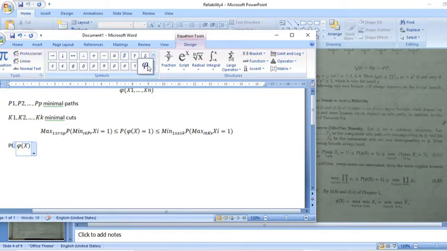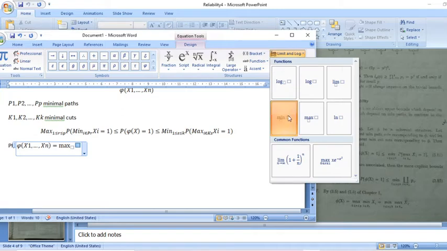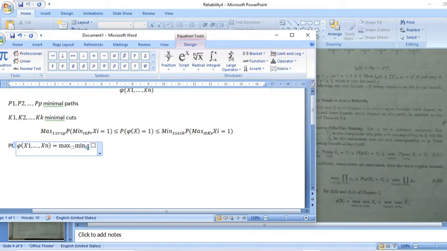We have already discussed in detail that phi of x1, etc., xn can be written as the maximum, over 1 less than or equal to r less than or equal to p, of the minimum over i belongs to Pr of xi. The possible number of minimal paths is p.